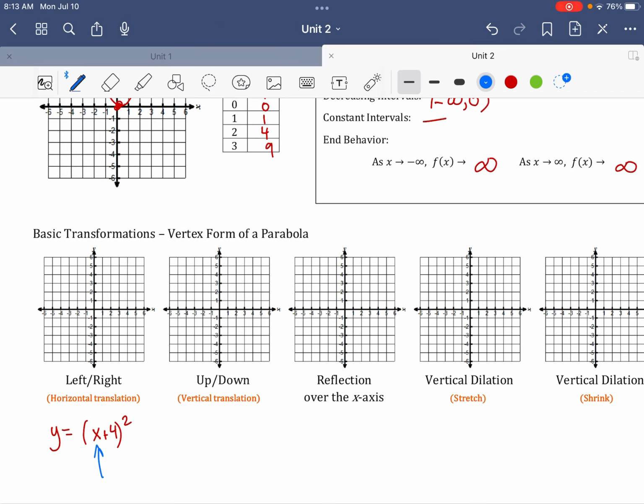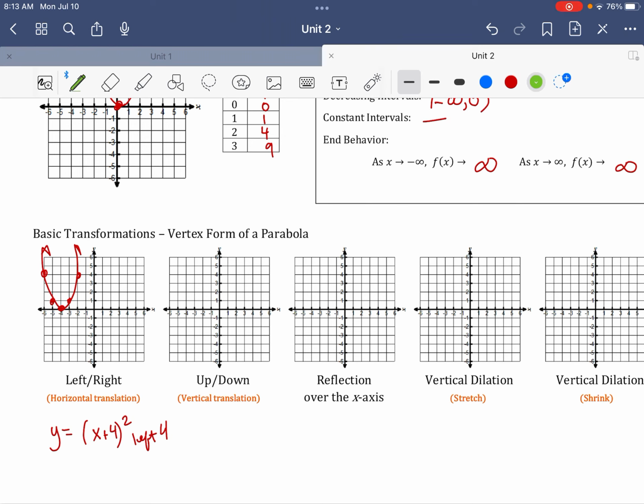If you put -4 there, -4 plus 4 would be 0, and then you'd get an answer of 0 squared. So that's your new center, your new 0. So that moves you to the left 4, right? So this one's left 4, and so here, and then you do that pattern, 1, 1, 2, 4, and 3, 9 if you have space.